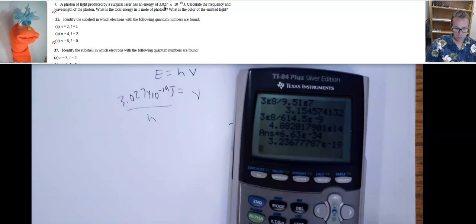All right, so we got Planck's constant here. 3.027, that's our energy, times 10 to the minus 19. There's our energy in joules. And our Planck's constant is 6.63 times 10 to the minus 34.